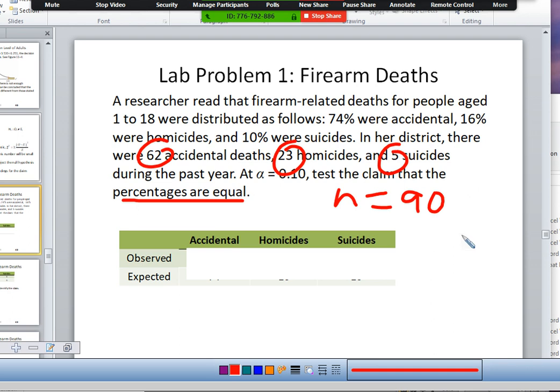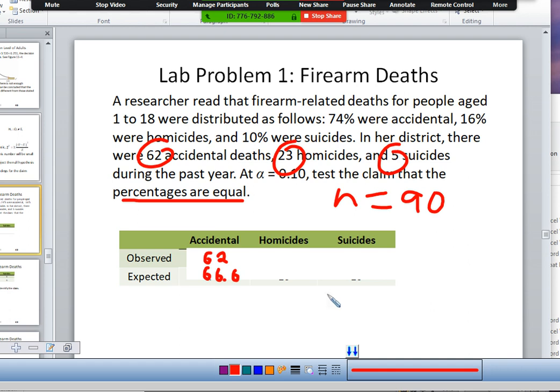And it's going to be decimals. 74% of 90 is going to be some sort of decimal. So 0.74 times 90 is 66.6. Again, the expecteds will not always be whole numbers. Very often they'll be fractions or decimals.